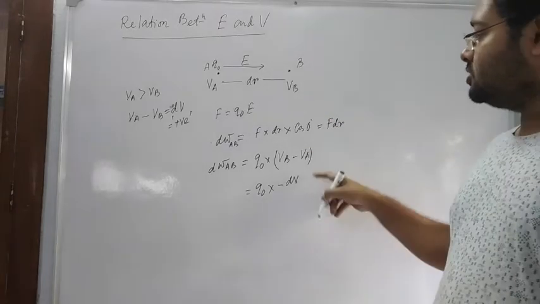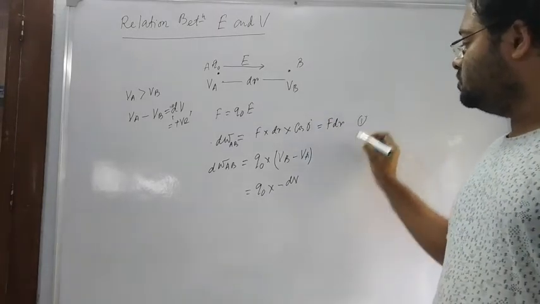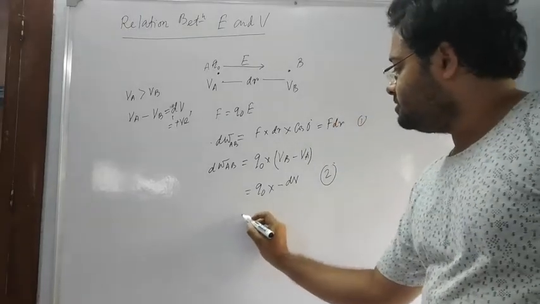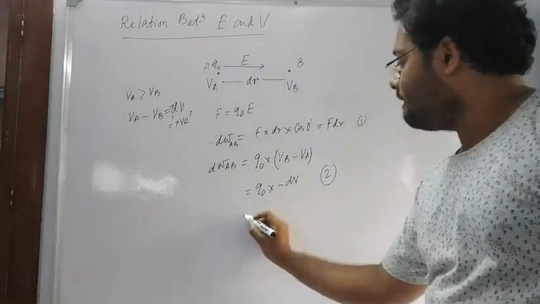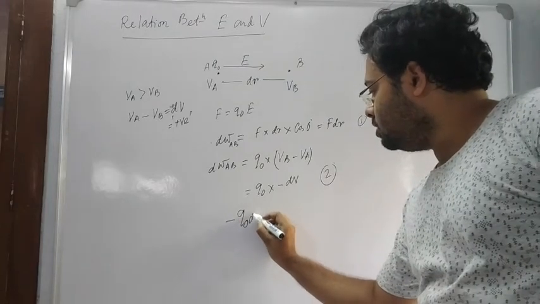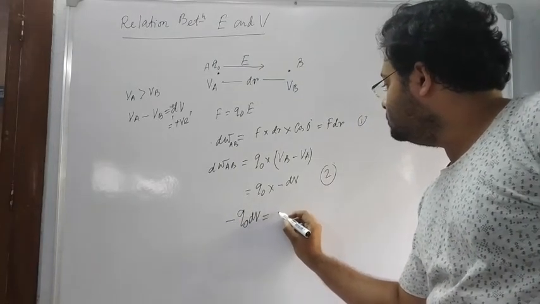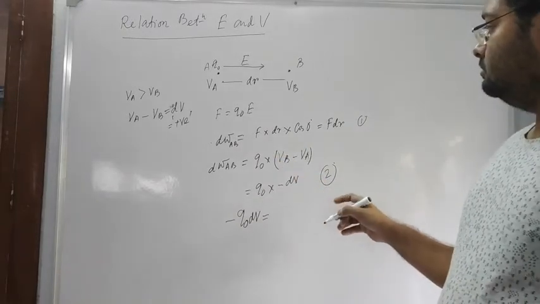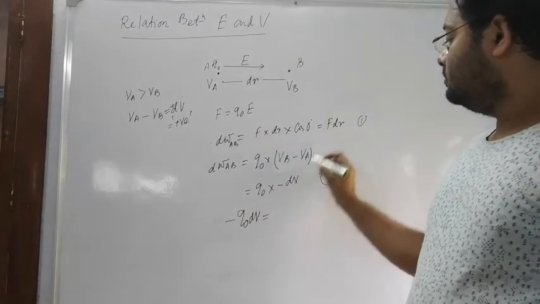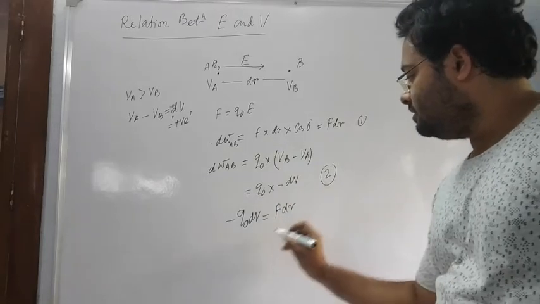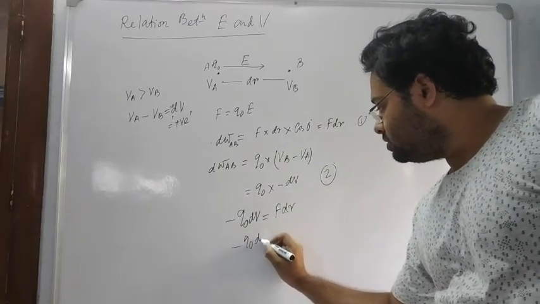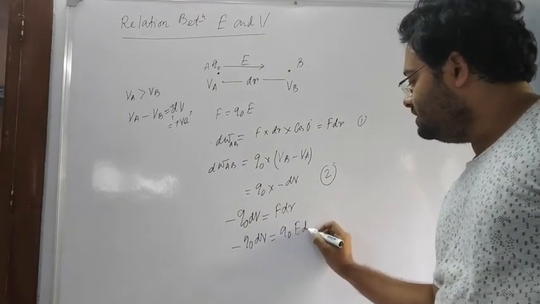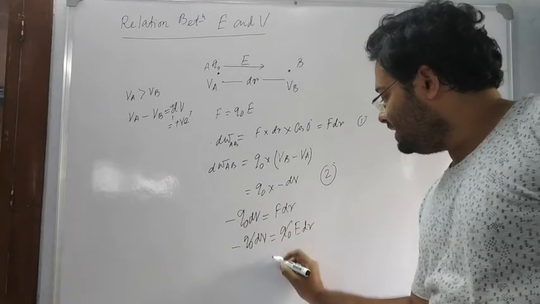Now you just compare these two equations. This is equation 1, this is equation 2. So you can write minus q naught dV equal to F dr. Minus q naught dV equal to, F means q naught E dr. So q naught gets cancelled.